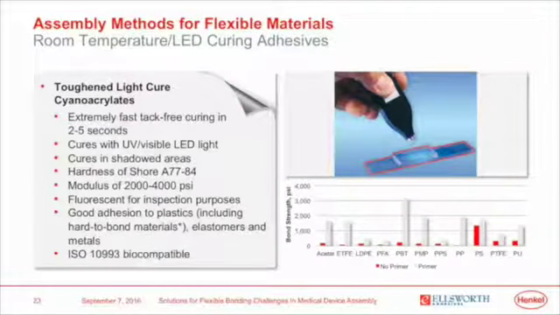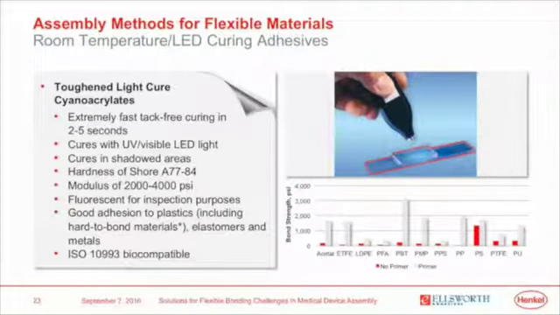What we've included on the bottom right of this slide is some bond strength data, in this case on lap shears, involving not only traditional materials like polysulfone or PBT, but also some of the harder to bond materials. Things like acetal, which is Delrin, some of the fluoropolymers like ETFE and PTFE, and some of the polyethylenes.